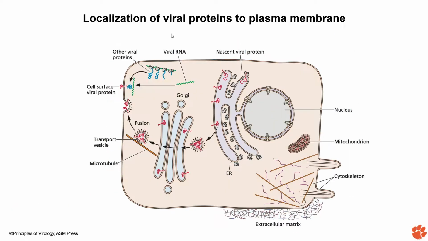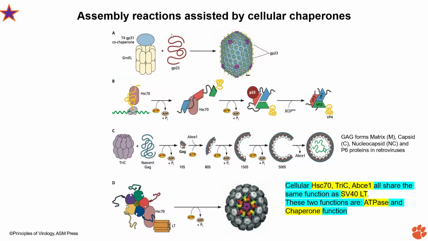All right, so after that, we're skipping a couple of slides. Then we are going into something very, very specific. Here we have talked about several different types of proteins, a lot of information, but I'm filtering out what is required. Here you have the protein HSC70. Here you have TRiC. Here you have SV40 LT. Remember that all of these cellular proteins are ATPases. They all have ATPase activity to function, and all of them are chaperone proteins.